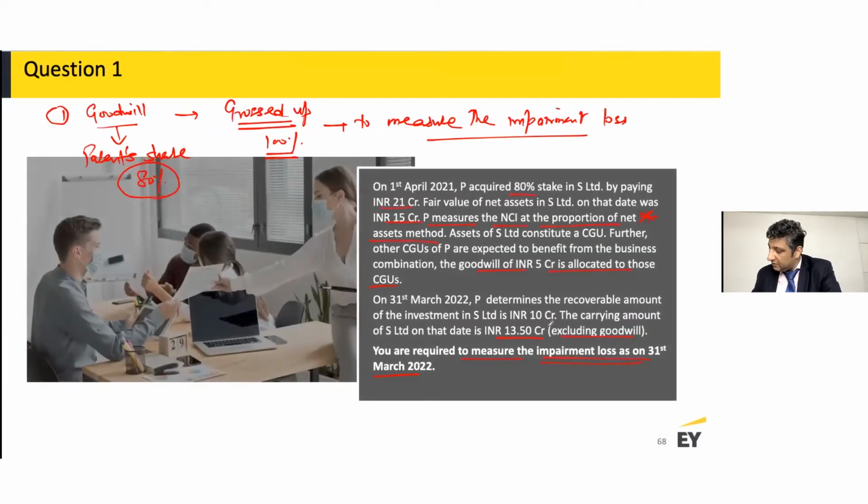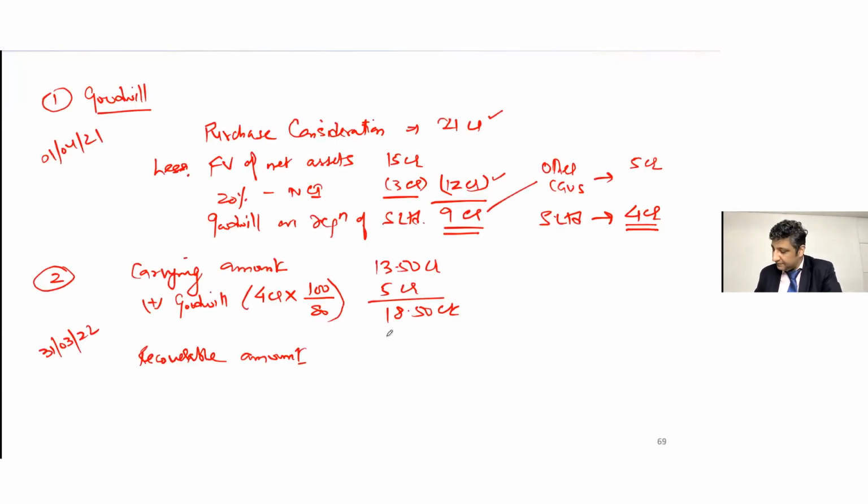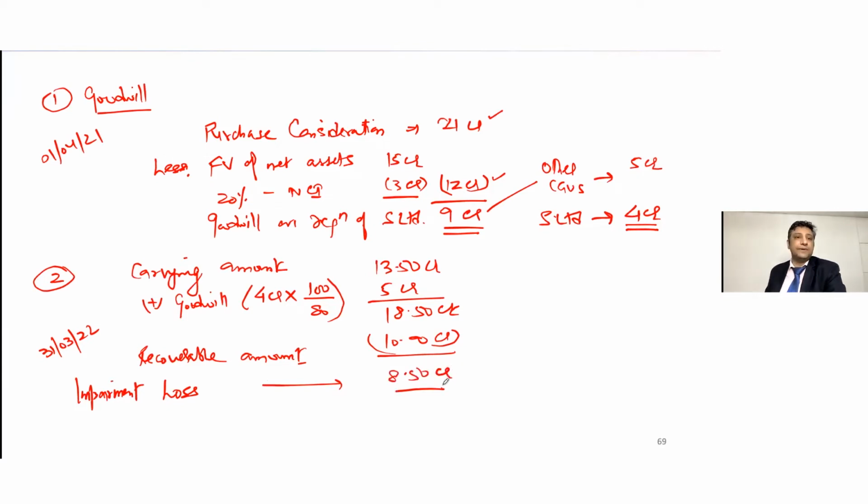And we are provided, by the way, that the recoverable amount is given at 10 crore rupees, which means that my impairment loss will be measured at 8.5 crore rupees.